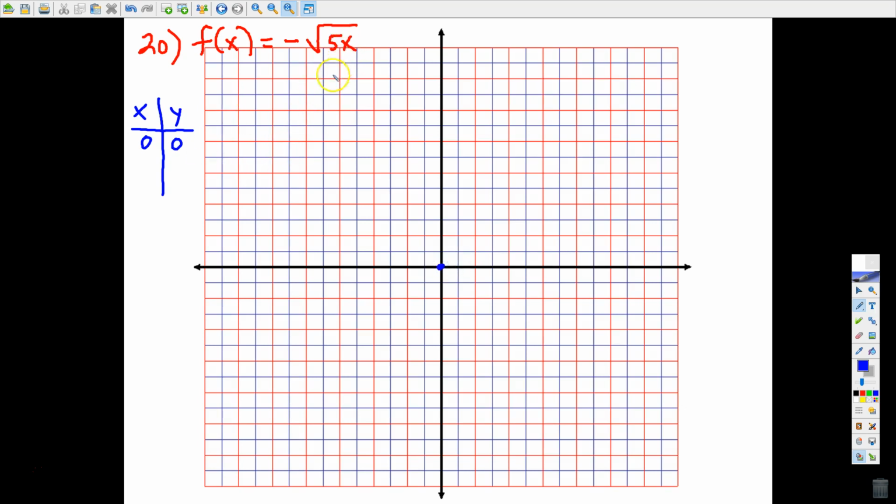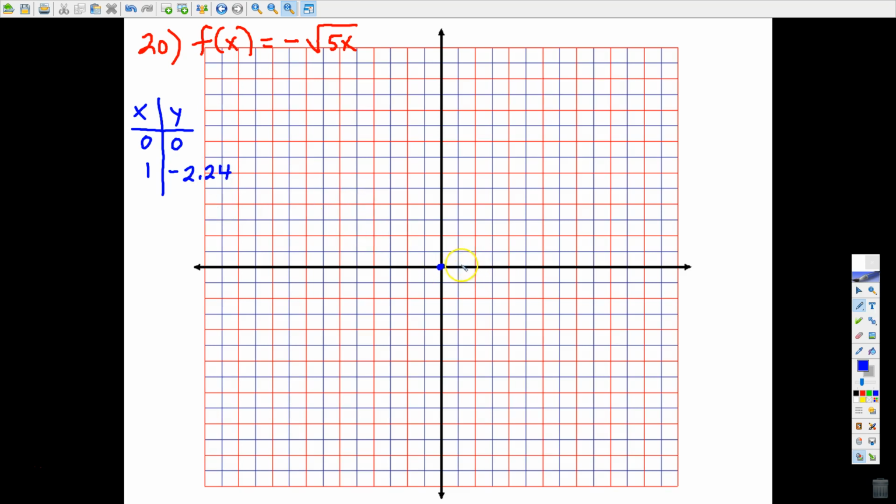You can do just about anything you want, but if I let x be positive 1, then I'm going to grab my calculator and I'm going to do the square root of 5 times 1, which is 5. And just find out what that decimal is. The square root of 5 is 2.24, but this is like multiplying by negative 1, so that changes it to negative 2.24.